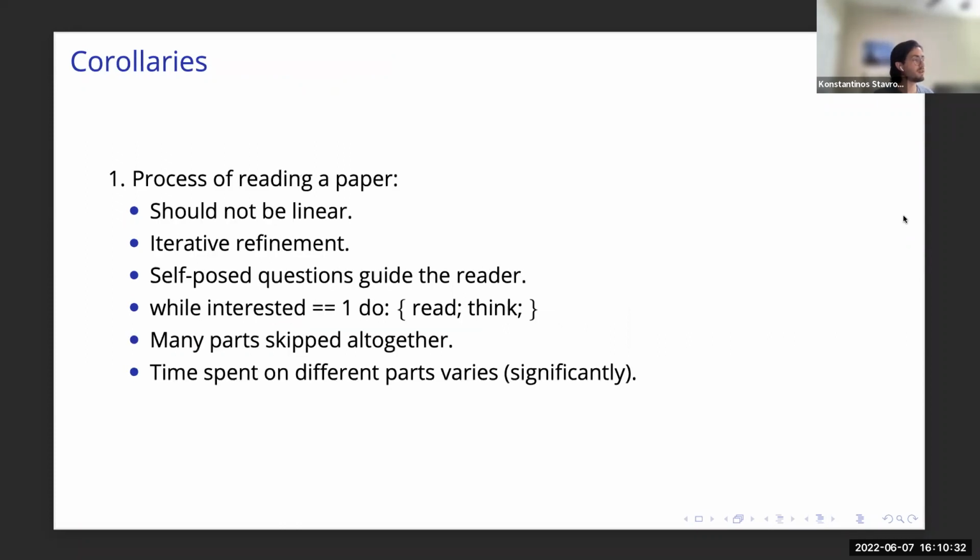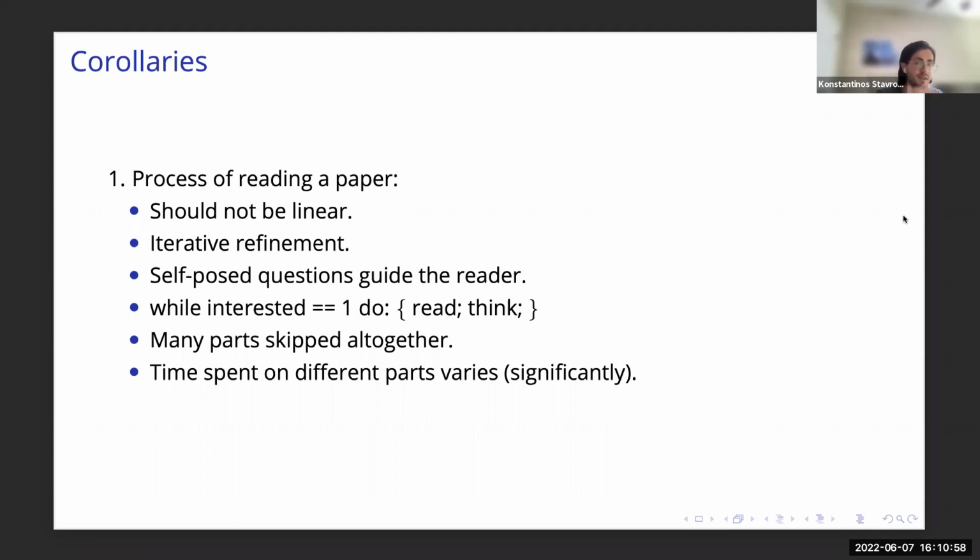So therefore, when one tries to read a paper, they should be more active about it, because in order to extract this compressed information, it is not very helpful to read the paper like you're reading a novel. It's not meant to be read in a linear order.